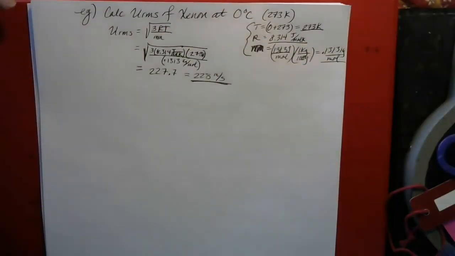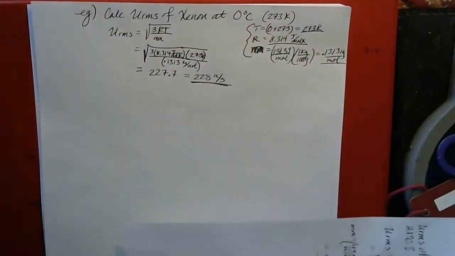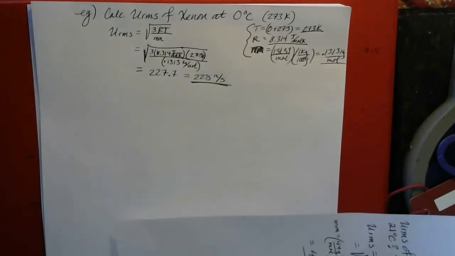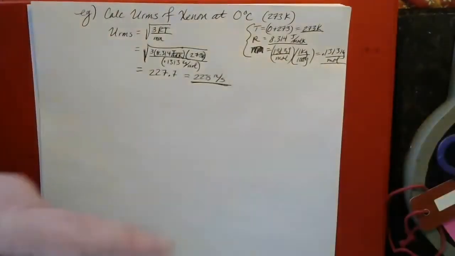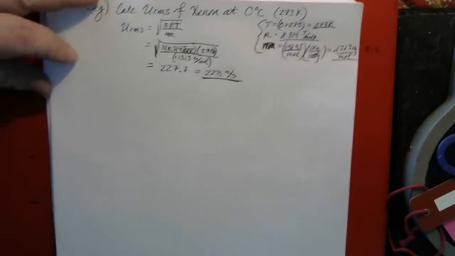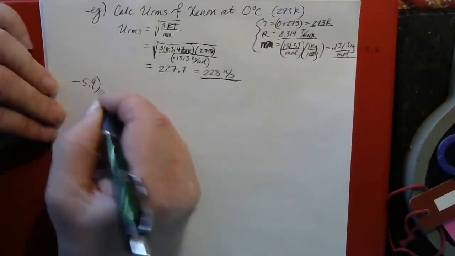And so it checks out. 228 is probably still around 400 miles per hour or so if we were to do the calculation.